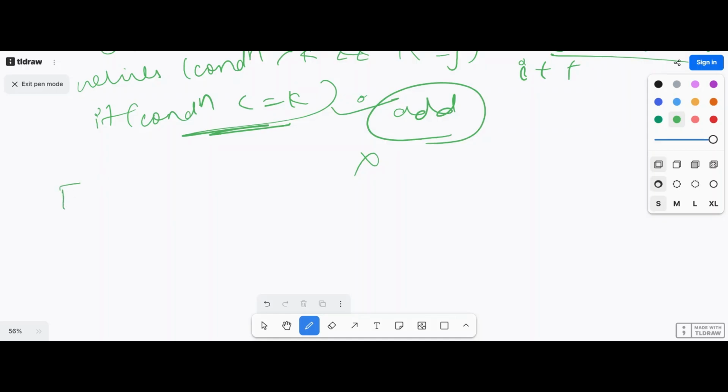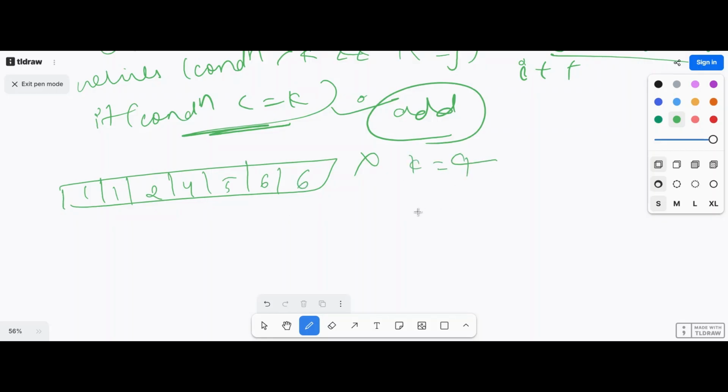Again, let's move to our question, which says 1, 1, 2, 4, 5, 6 and 6, and your k is the fourth smallest distance, and you have found the first mid as 3. So you need to find the number of pairs with distance less than or equal to 3. So first you are here, 1 minus 1 is 0. But for pairs, the count should not be j minus i plus 1.